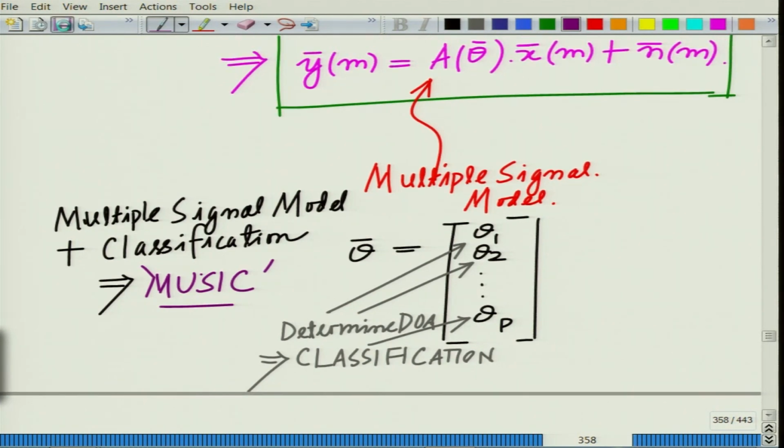How do you use this antenna array, comprising the array response vectors of the p targets corresponding to the p directions of arrival? Use this multiple signal model to classify these signals, that is determine these directions of arrival theta 1, theta 2 to theta p. This is essentially your MUSIC algorithm, which we will explore in the next module. So, this is the system model. Starting with this, we are going to discover the MUSIC algorithm. Thank you very much.